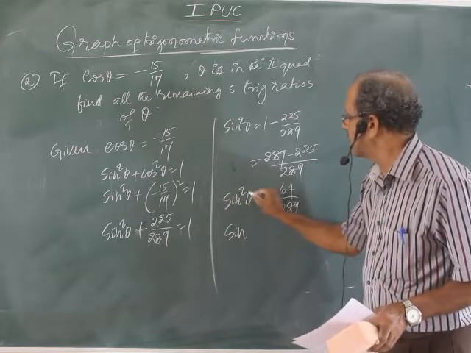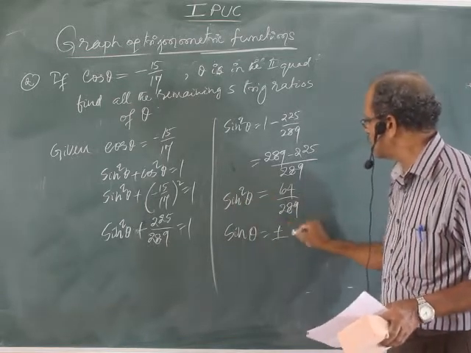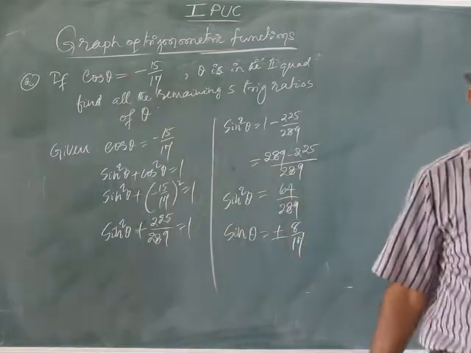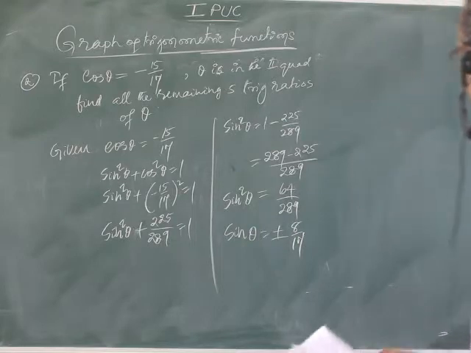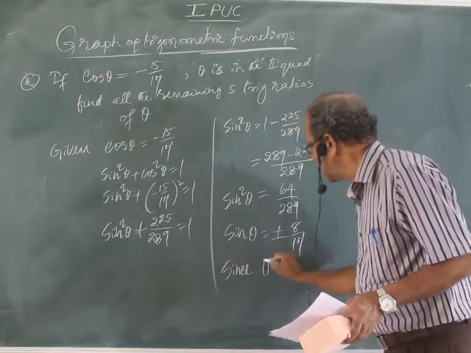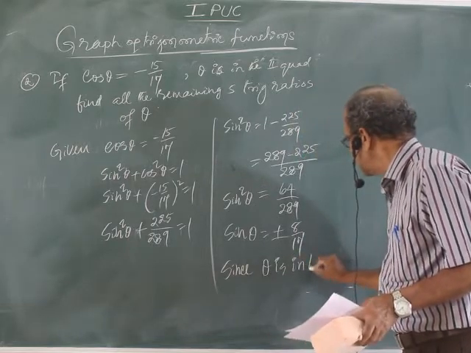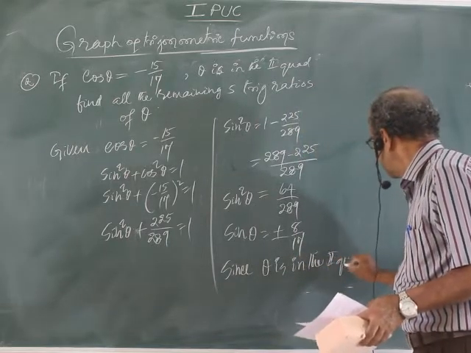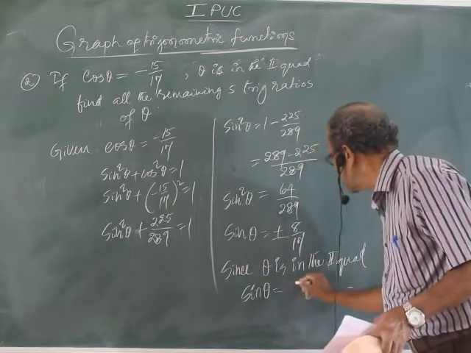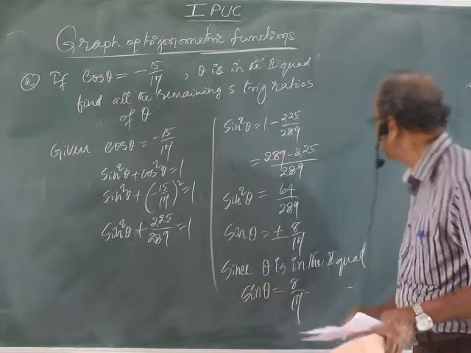What about sin theta? Sin theta is plus or minus root of this, 8 by 17. Since theta is in the second quadrant, sin theta is positive, 8 by 17.